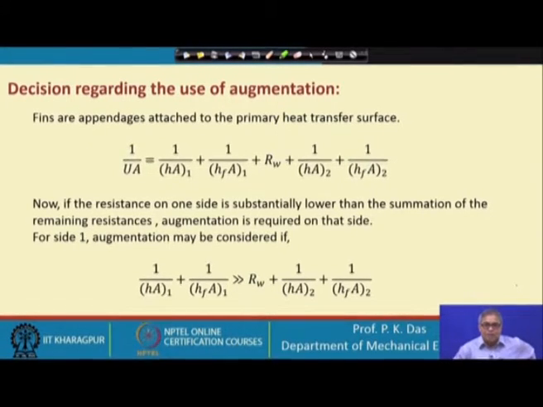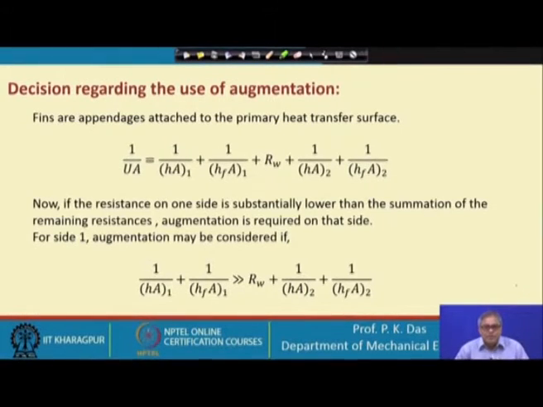particularly if we think of passive enhancement, we can provide on either side of the solid surface. At this point, we have to take a decision on which side we are going to provide the augmentation, or on both sides.